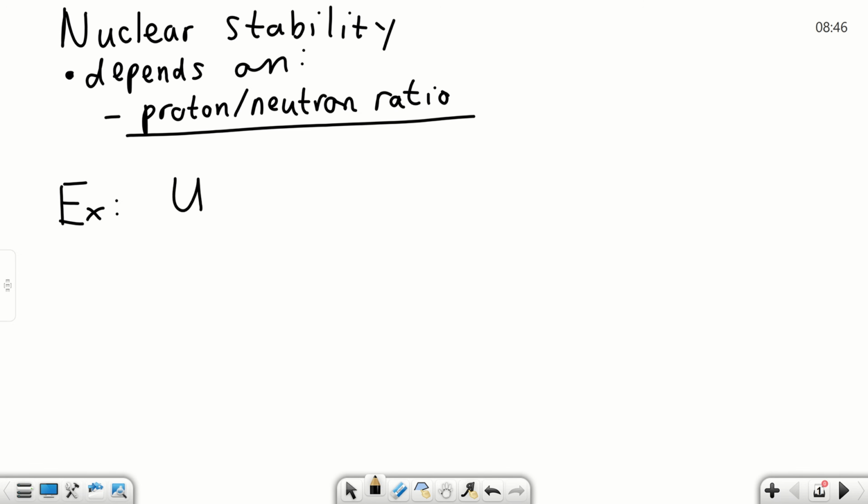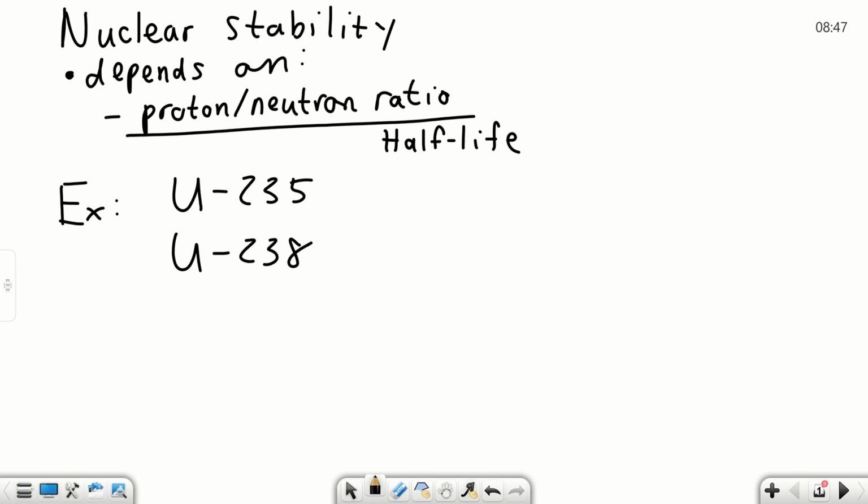My quick example uses made-up numbers, because I don't have the exact ones. We're going to learn that how long the half-life is tells us how stable the nucleus is. The longer the half-life, the more stable it is.